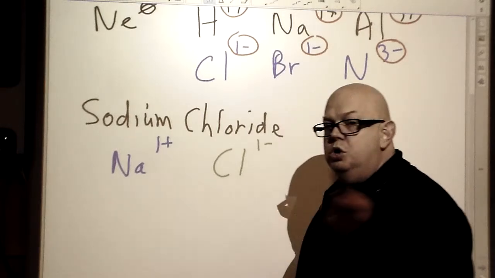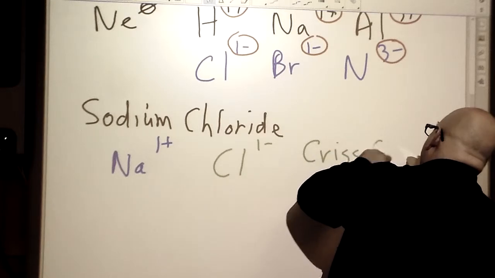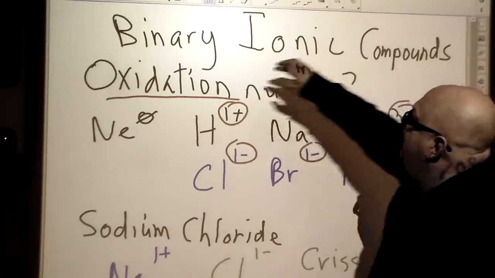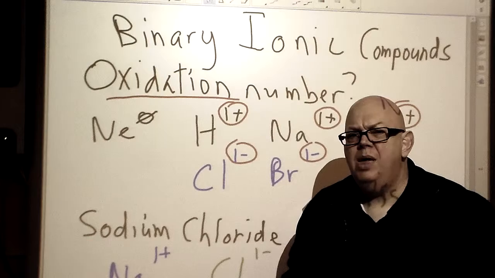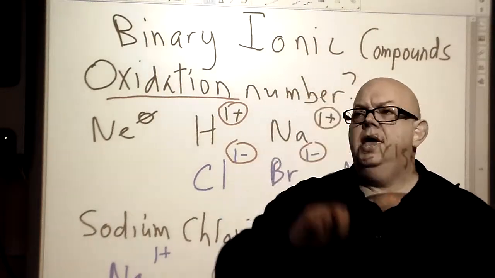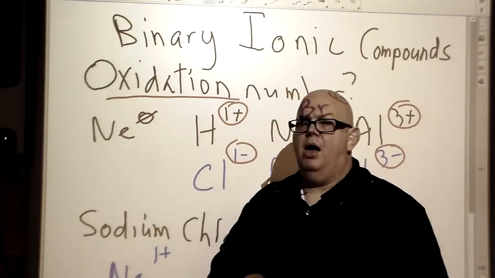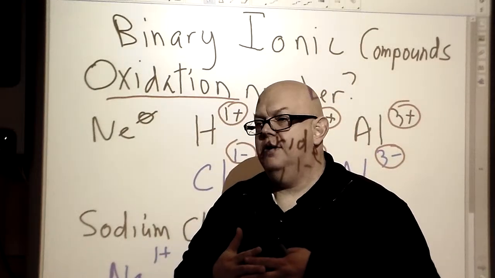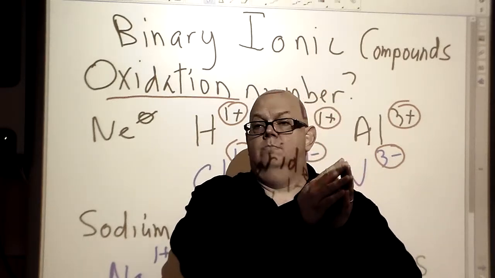But I'm going to show you something called the Crisscross Method. We're looking at binary ionic compounds. What do we mean by binary? Binary has to do with 2. Ionic compounds usually are a metal and a non-metal that come together.